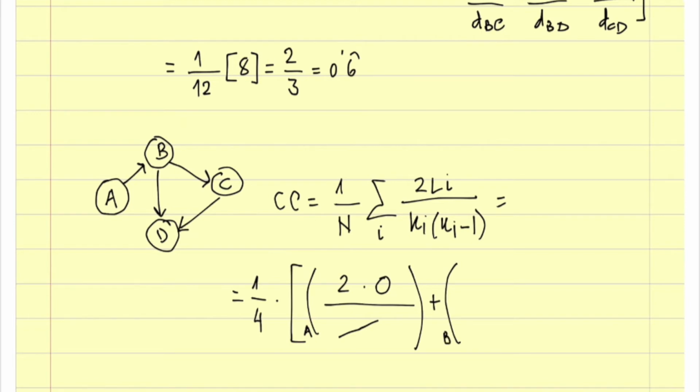Clustering coefficient of node B, 2 times, okay, this 2 comes from here, the number of connections between the neighbors of B. Who are the neighbors of B?